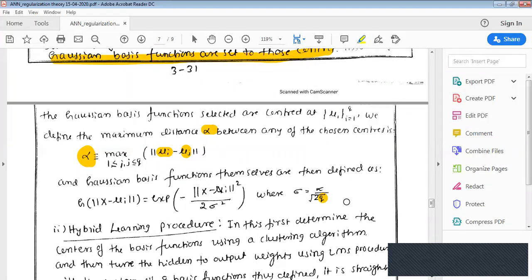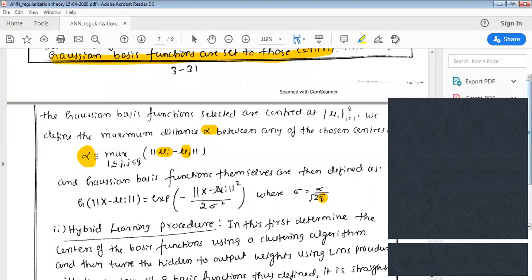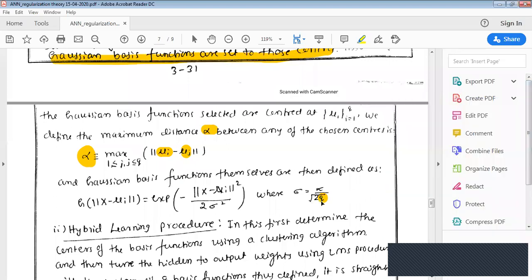Let us say instead of 100 neurons or iterations, you are doing only 20 or 30 iterations, that becomes small q. And sigma tells you how much spread your data has. The more the spread of the data, the more training is required in order to understand the training pattern of whatever data you are going to train.